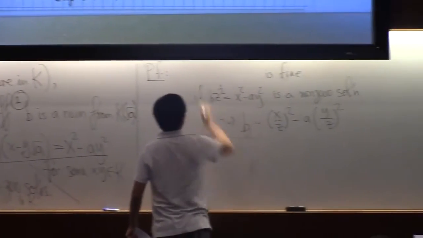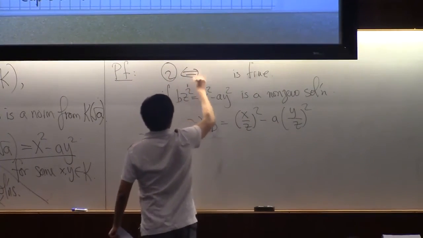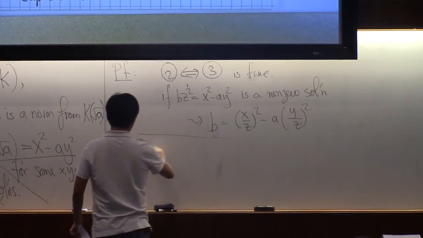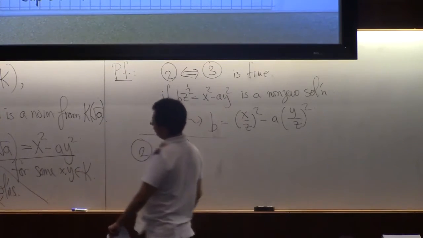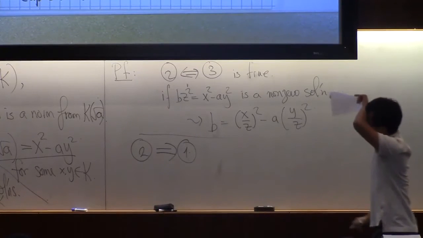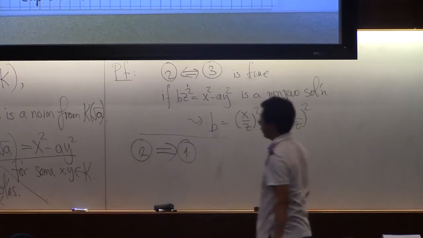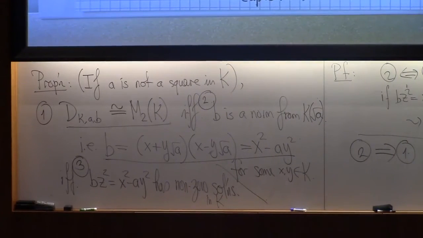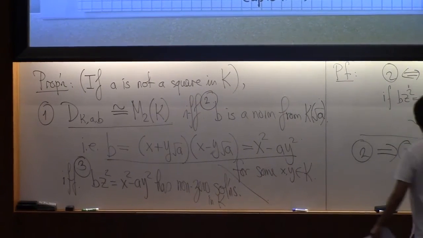So what we just proved was that 2 and 3 are equivalent. Now I want to do 2 and 1. Let's go one way, 2 implies 1. So suppose that B can be written as X squared minus AY squared for some X, Y in K. I want to show that the quaternion algebra we constructed is a matrix algebra.